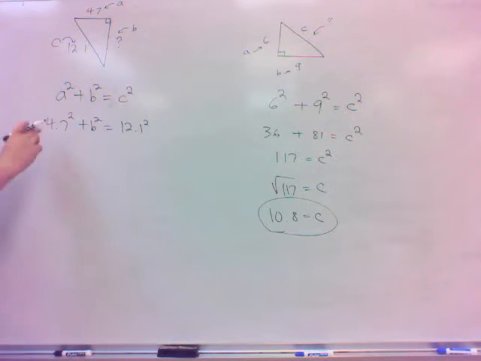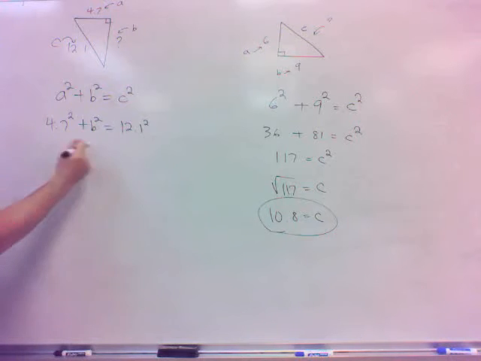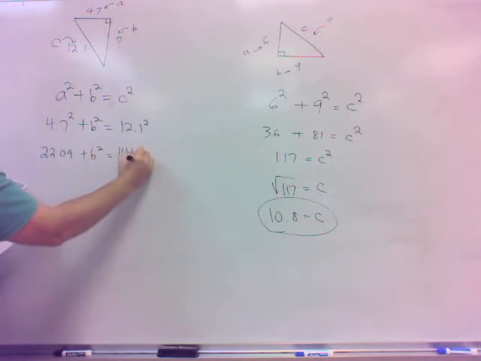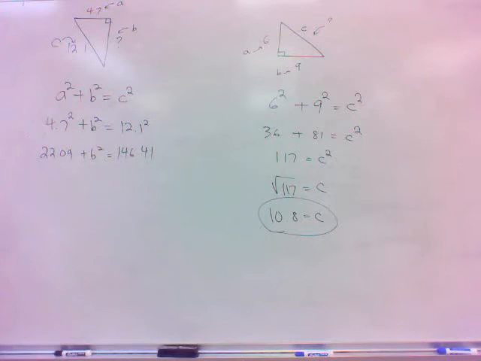So in this case, I'm not adding these two here. Let's see, 4.7 squared is 22.09 plus b squared equals 12.1 squared. So, like I said, we get a little bit of algebra along the way. What am I going to have to do to get my answer?